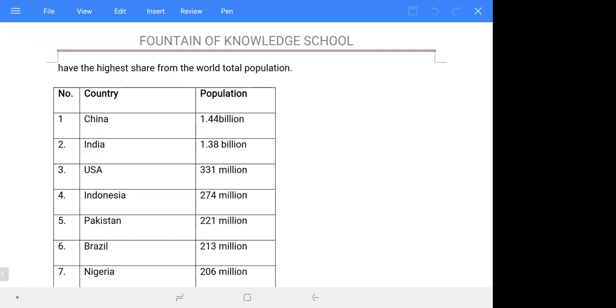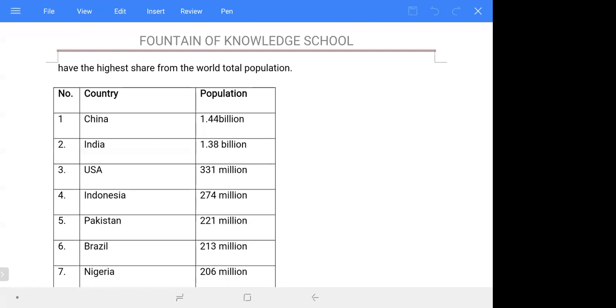The most populous continent is Asia. At country level, it's China. Then the second most populous is India, still in Asia. It's 1.38 billion. By the way, this data is by the estimate of 2020.